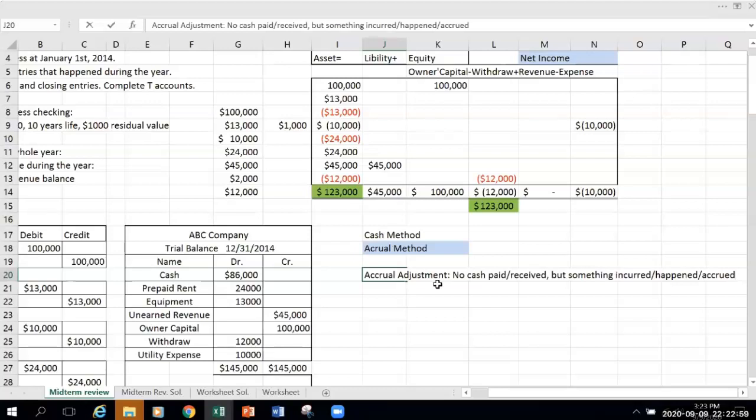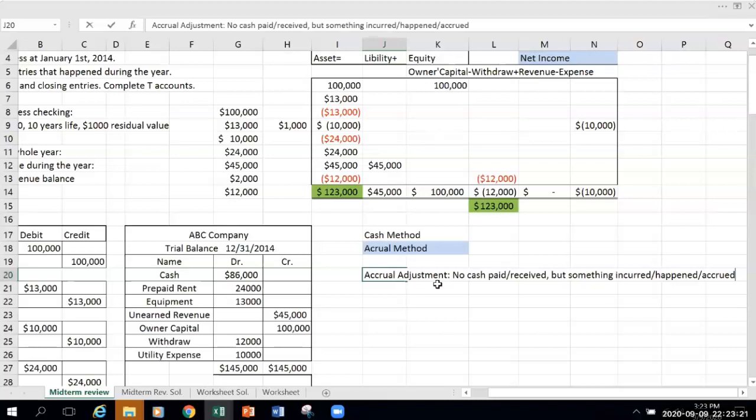Let's say you purchase a home or equipment or whatever, and because of that purchase you have a note payable. That note payable means a liability. That means you have to pay interest.